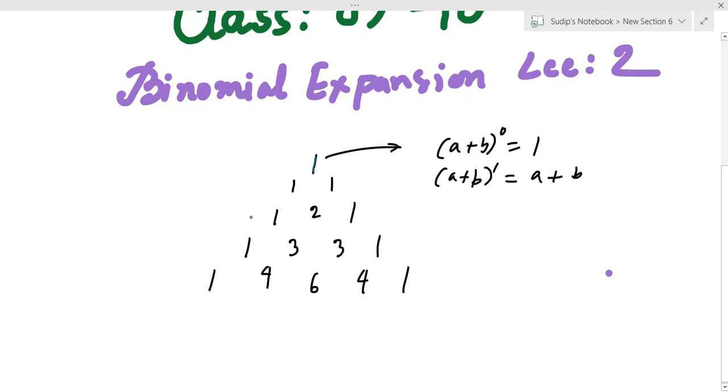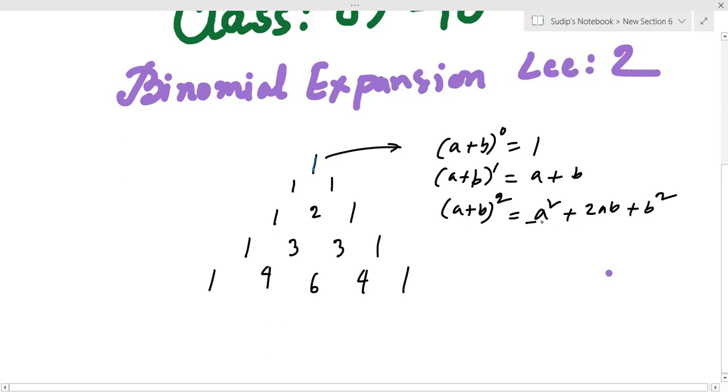Using this third line, we can find (a plus b) whole square, which has three terms: a square plus 2ab plus b square. So the coefficient of a square is 1, the coefficient of ab is 2, and the coefficient of b square is 1. For (a plus b) cube, we have a cube plus 3a square b plus 3ab square plus b cube.